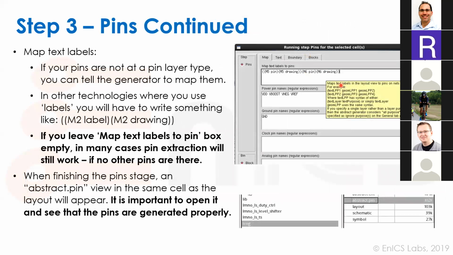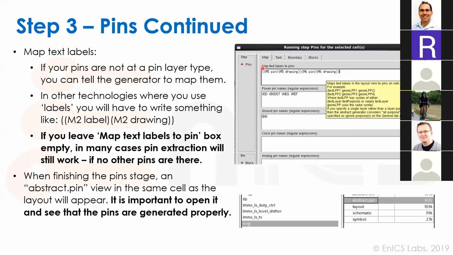This is kind of tricky, and I'm not sure I understand it 100%. But first of all, if the pins are not in a pin type layer, then we can tell the generator to map them. If we wrote them in a text or label type layer, then we can just map them. The generator looks for all the things that are in M5 drawing and converts them to be pins.